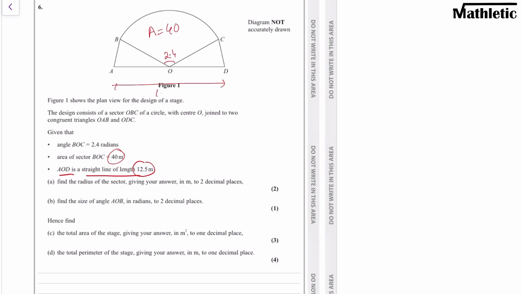So if I divide this length equally, you get 12.5 divided by 2, so this will give 6.25, 6.25. That's the length of AO and OD. This O is the midpoint because these two triangles are congruent, so AO and OD should be equal.